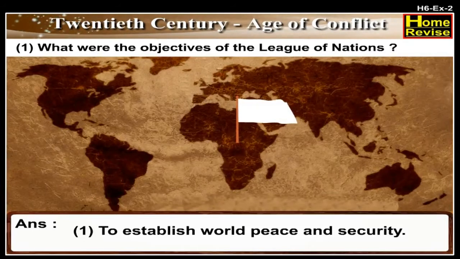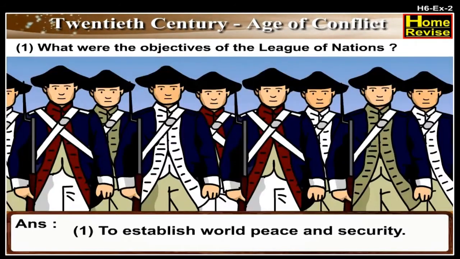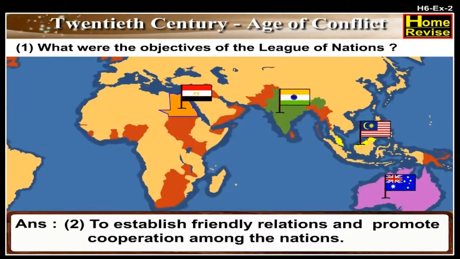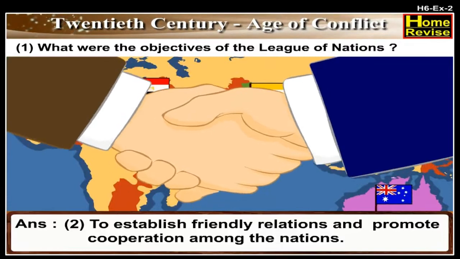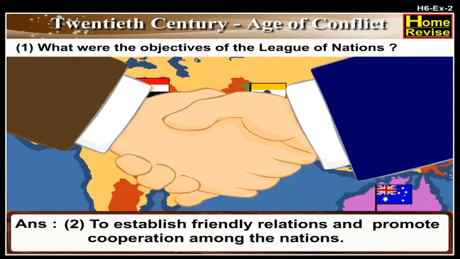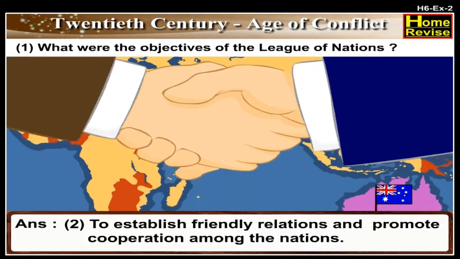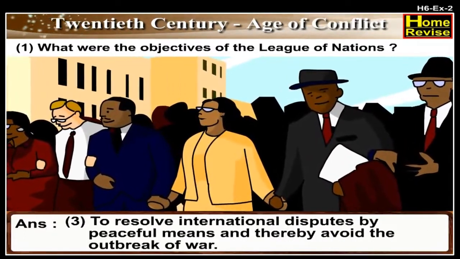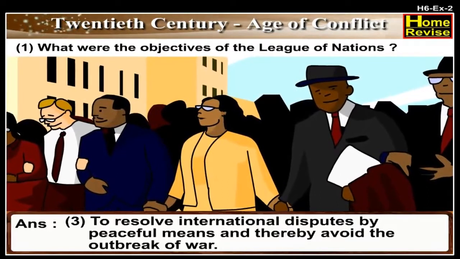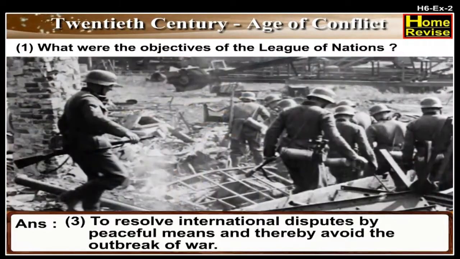To establish world peace and security. 2. To establish friendly relations and promote cooperation among the nations. 3. To resolve international disputes by peaceful means and thereby avoid the outbreak of war.